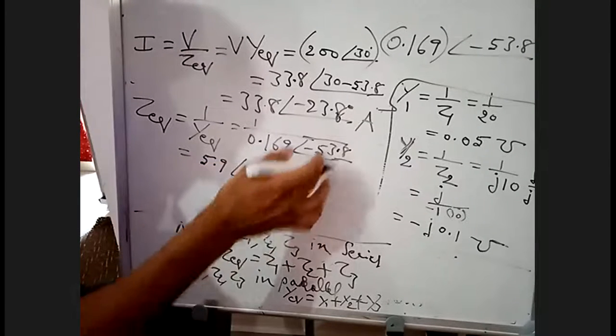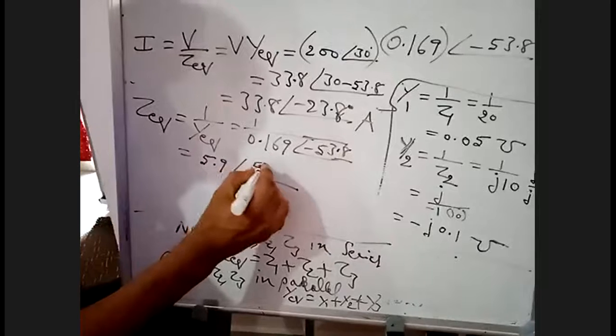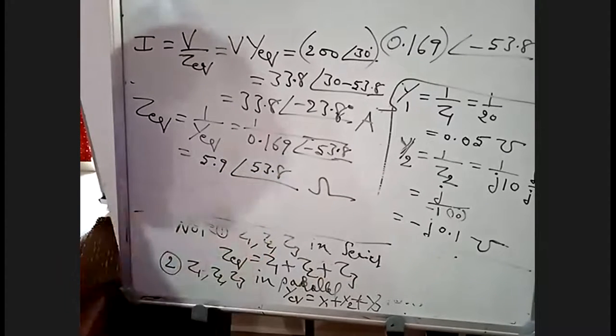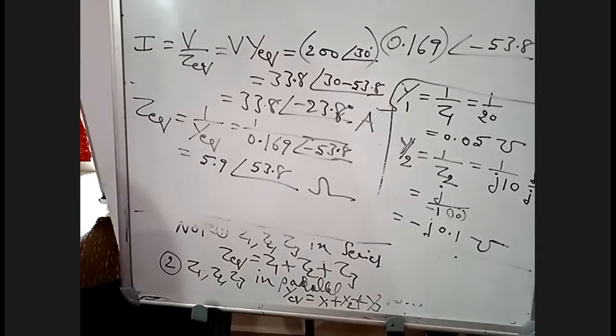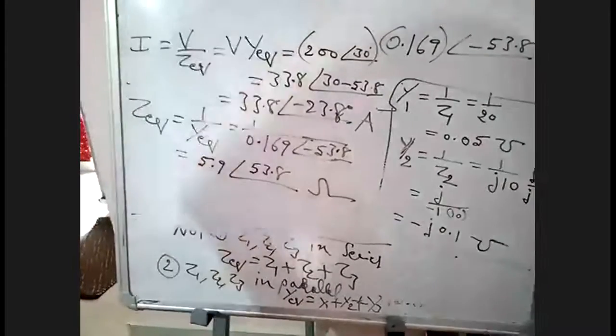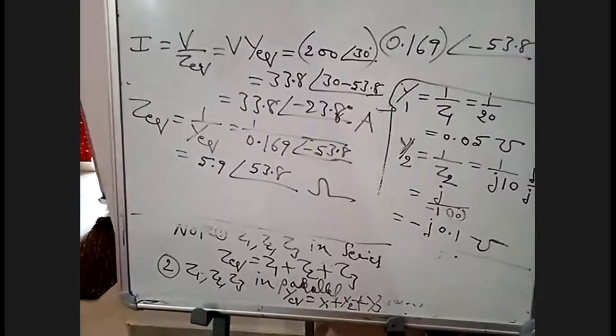If the angle comes to the numerator, it becomes plus. That's all about the problem. If you want to convert into rectangular form, we can convert this.